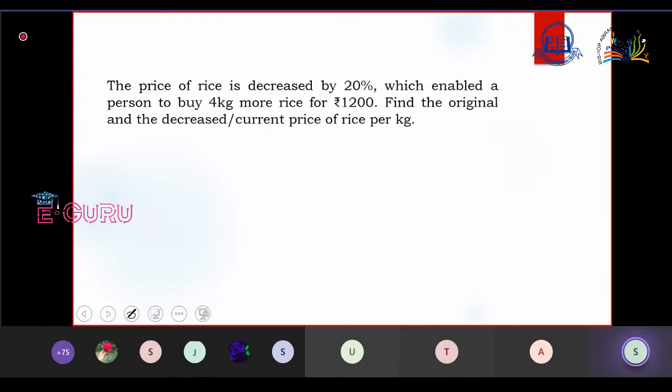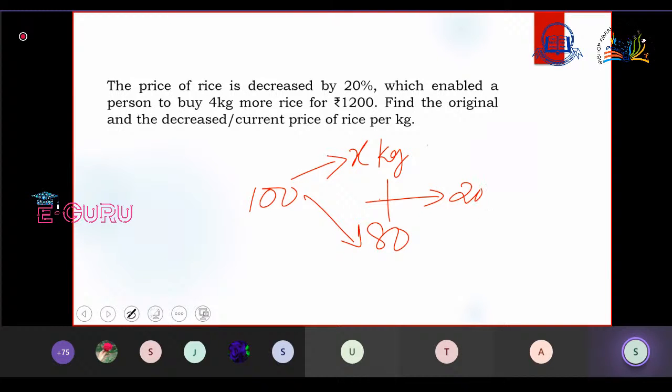Okay. So we will assume that 100 is the initial price. For 100 rupees you can buy X kilogram. You went to the shop and came to know that you need to pay only 80 rupees because a 20% discount is there. So you have saved 20 rupees there.